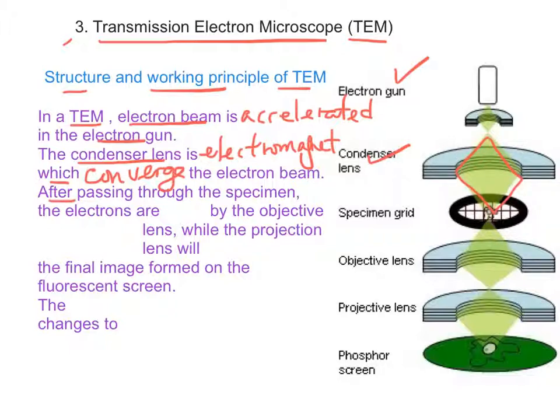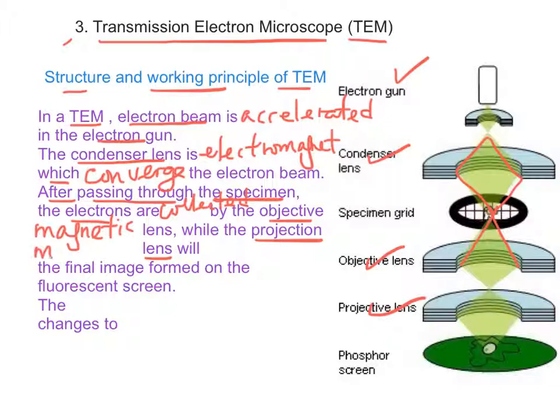After the electron beam passes through the specimen, the electrons are collected by the objective lens, which is also a magnetic lens, while the projection lens, also a magnetic lens, will magnify the final image formed on the fluorescent screen.